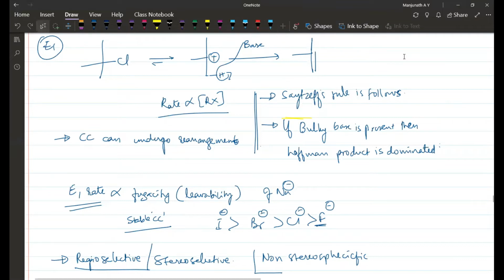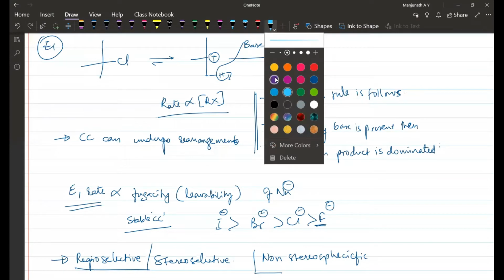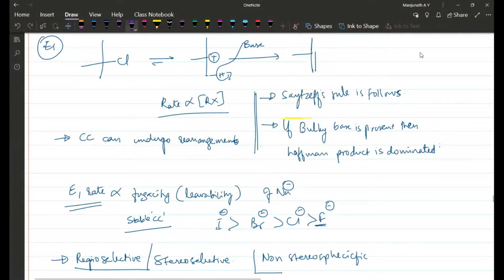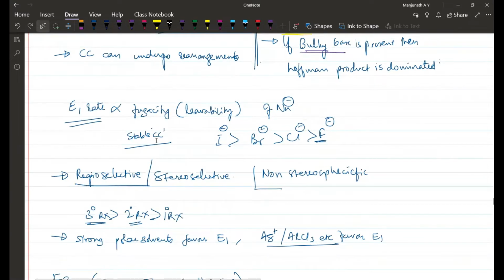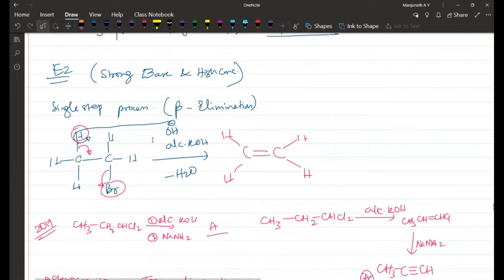One minute. So if the base is bulky, then there is Hofmann elimination. That was E1, and similarly we have seen E2. Generally E2 occurs when there is a strong base and high temperature, and also the base should be in higher concentration. In such a situation, E2 is favored.